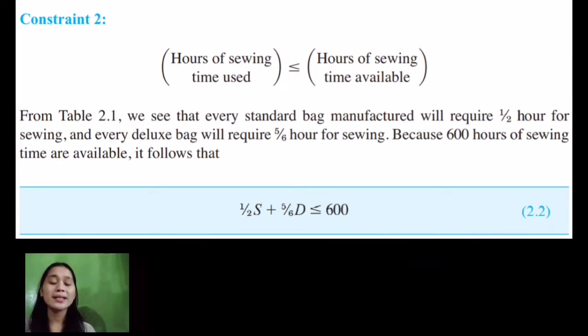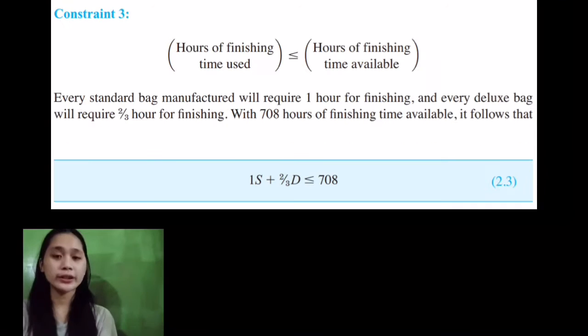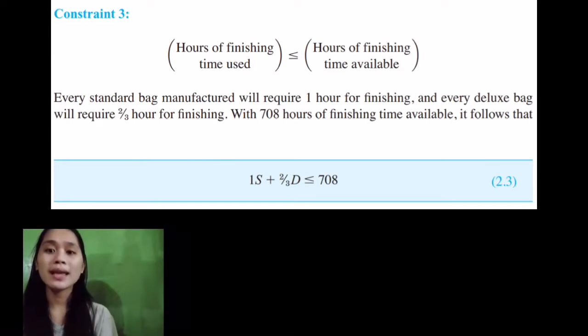Constraint 2. We can see from Table 2.1 that every standard bag will take 1/2 hour to sew, and every deluxe bag should take 5/6 hour to sew, given that 600 hours of manufacturing time are available. Constraint 3. Every standard bag manufactured will take about 1 hour to finish, and every deluxe bag will take 2/3 hour to finish, with 708 hours available.